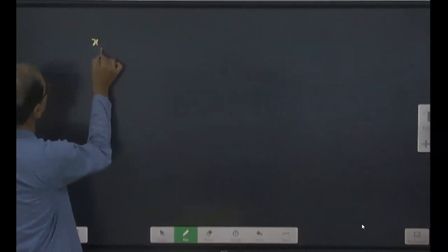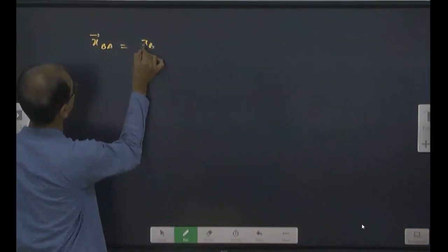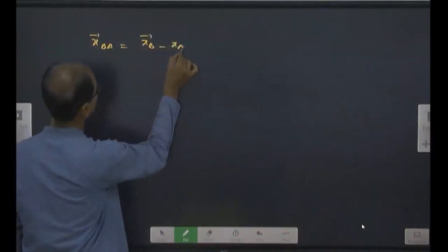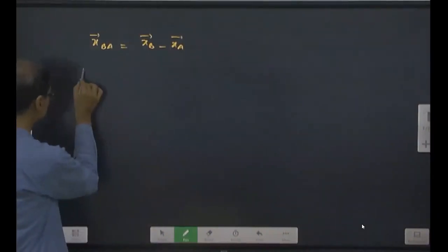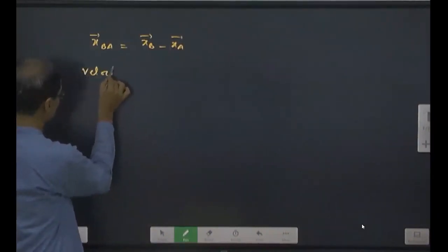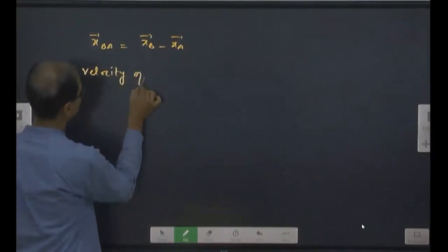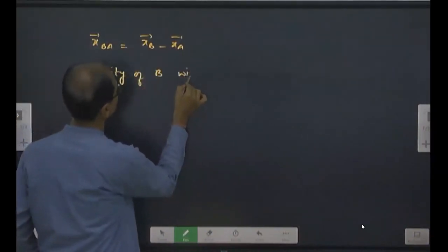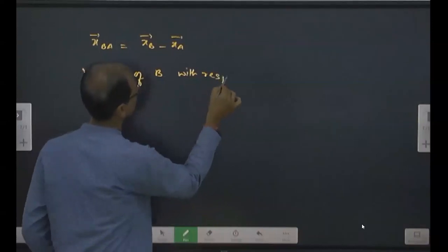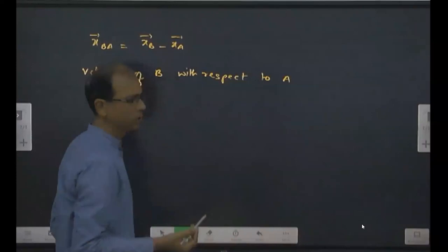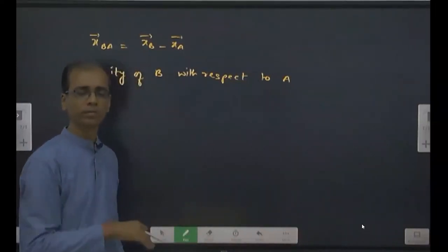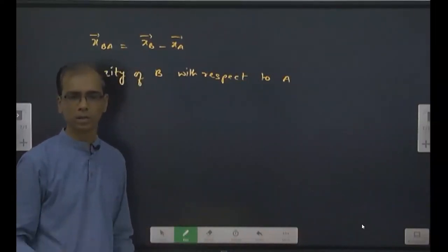So position of B with respect to A, I know that is XBA is XB minus XA. Now, if I want to find velocity of B with respect to A, what do I have to do? I know that if I know position and find the derivative of that with respect to time, it becomes velocity.